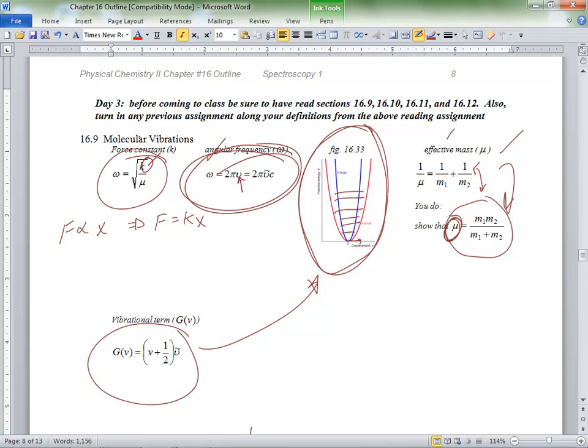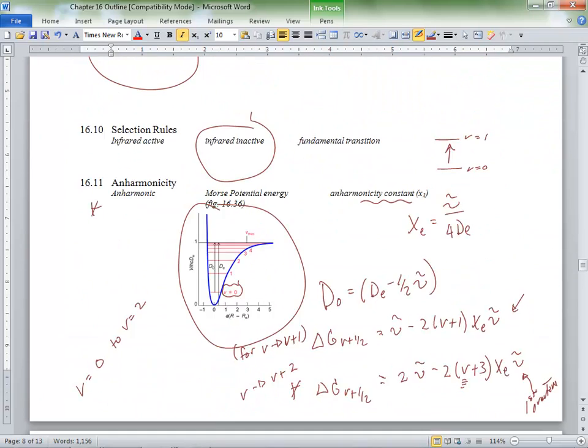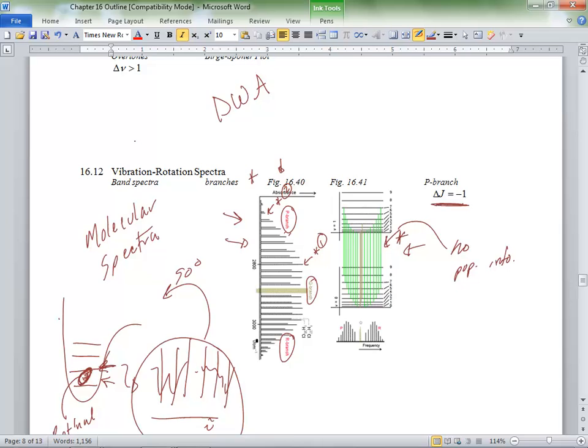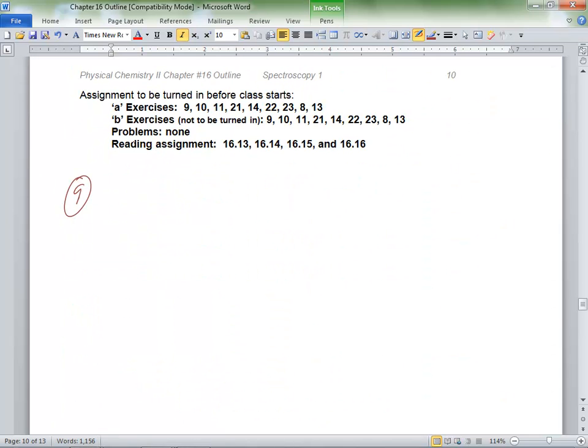Okay. What I did for number 10, it's a lot easier when they're typed out. All right. This is how I did it.